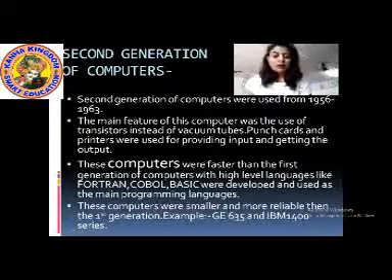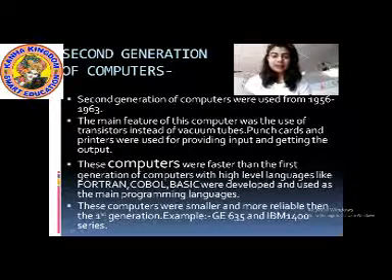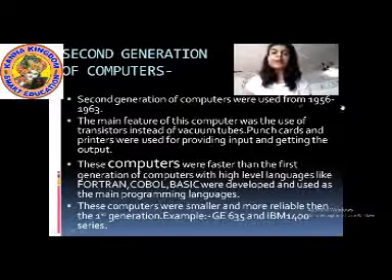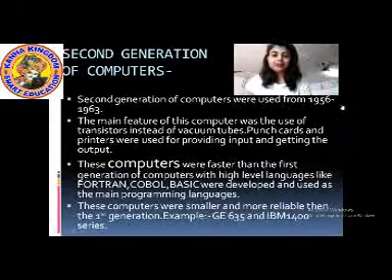So students, what was the main feature of this computer? The main feature was the use of transistors in place of vacuum tubes. In the previous computers, vacuum tubes were used, but in this computer, transistors were used.